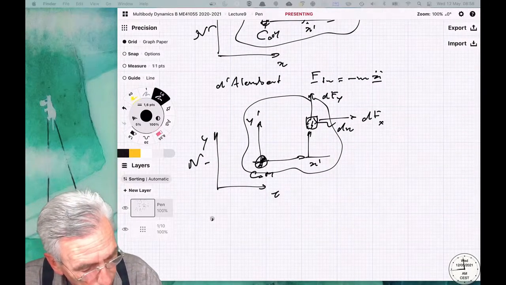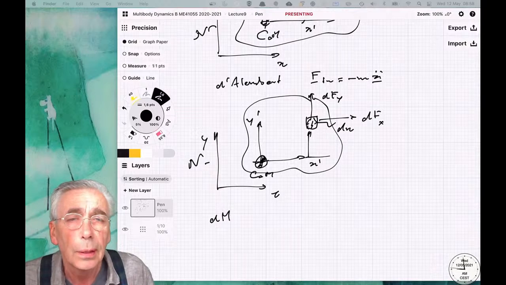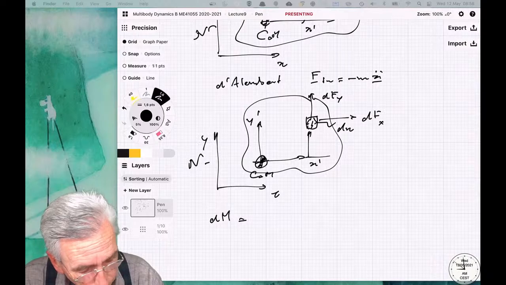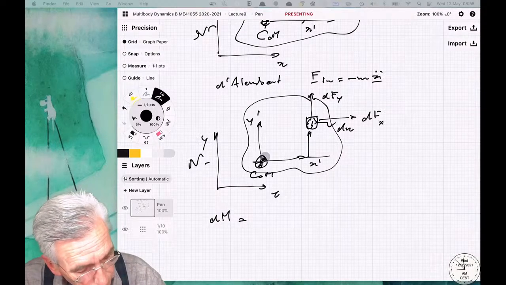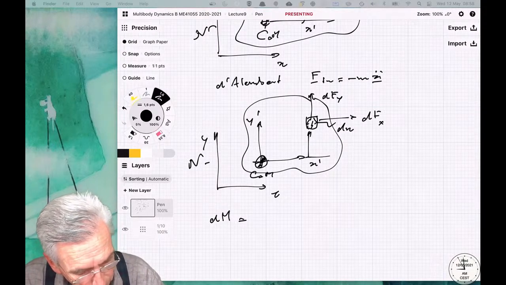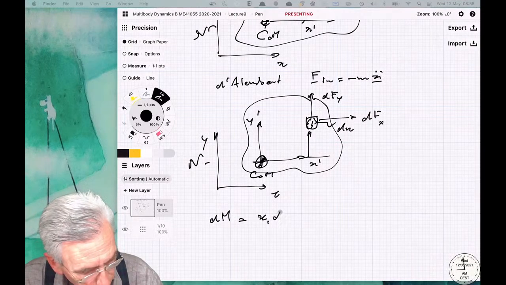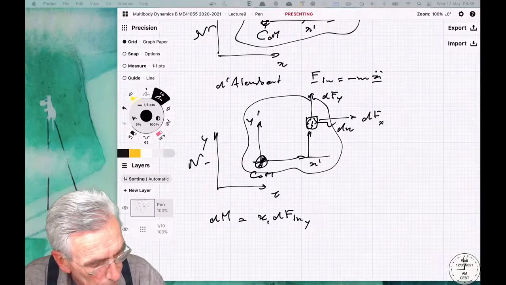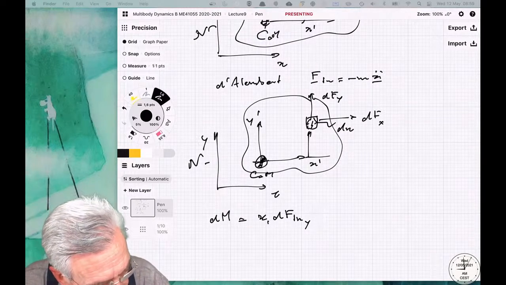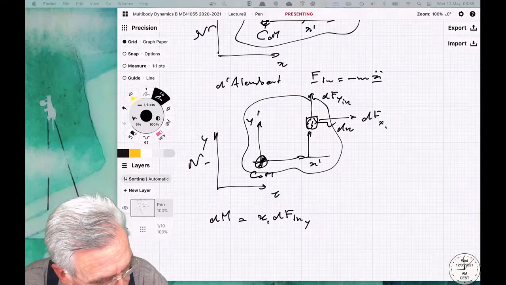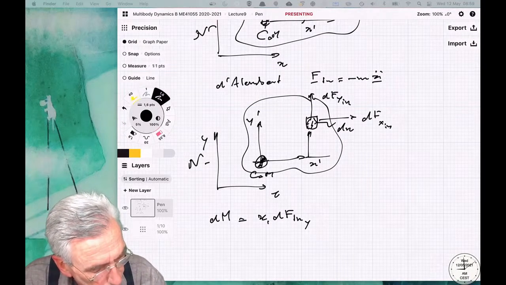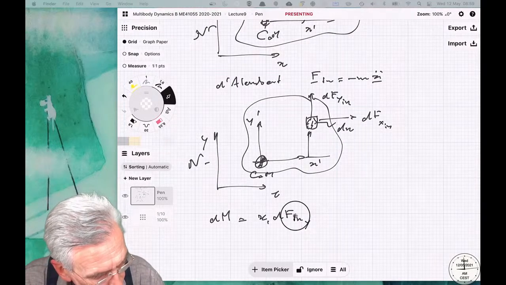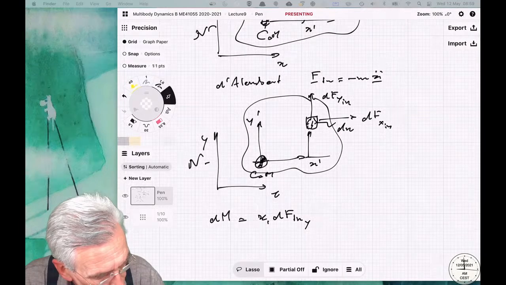So we can write what is the small contribution of that piece of mass, and that is of course this x distance times dF inertia in the y direction, so that's x_i times dF_y inertia. I didn't write inertia here, I want to be clear that it's inertia.